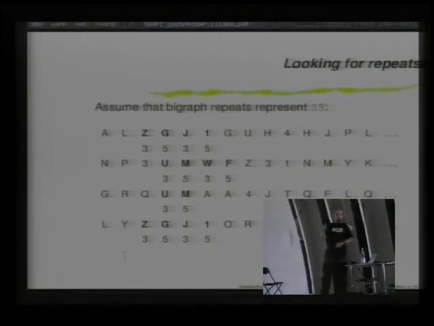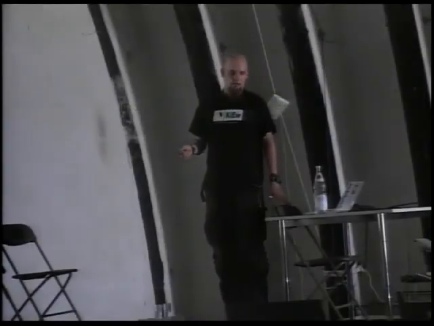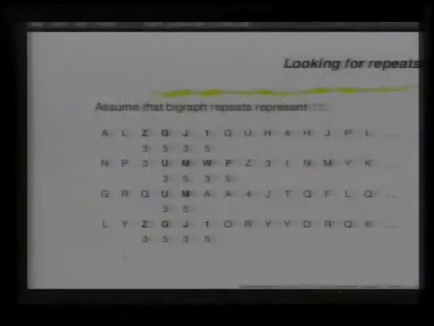But if you look at the 10 messages in the paper version, you would see UM appearing a lot of times. You would see ZGJ1 appearing a lot of times. You see here already ZGJ1 is here, and it's again here. And here's UM, and WF is also one that would appear lots of times. This is something you'll just have to believe me on now.